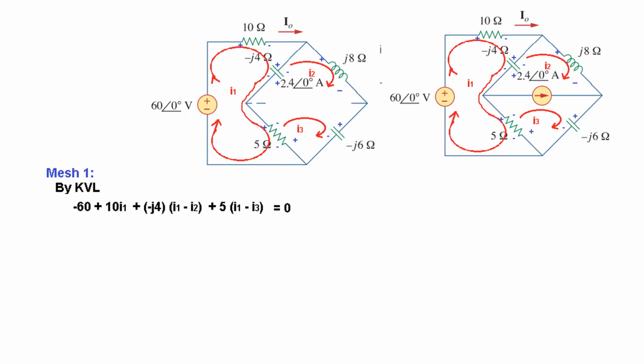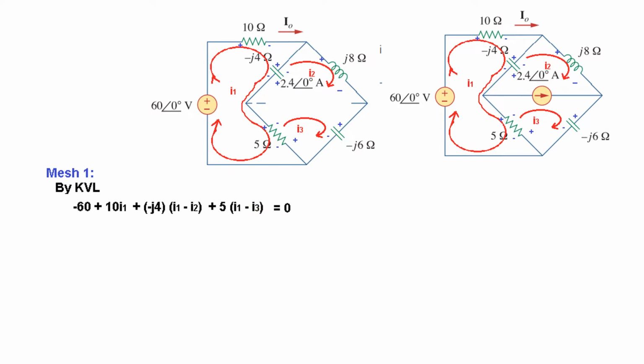So we'll write I1 minus I2 because we are in mesh number 1. Then we come to this place, 5 ohm again. We have two currents, I1, and this is going the opposite direction. So it will be I1 minus I3 is equal to 0.